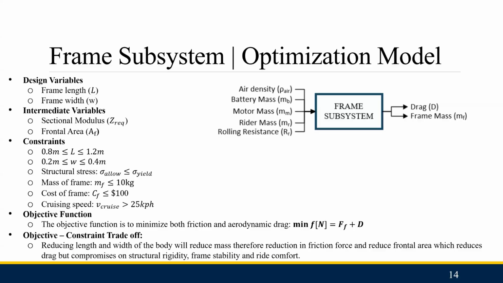The structural stress of our frame should be less than the yield stress of the aluminum, and the frame mass has to be less than 10 kilograms. The cost of the frame also has to be less than $100, and the cruising speed is 25 kilometers per hour. The objective function is to minimize both friction and aerodynamic drag.